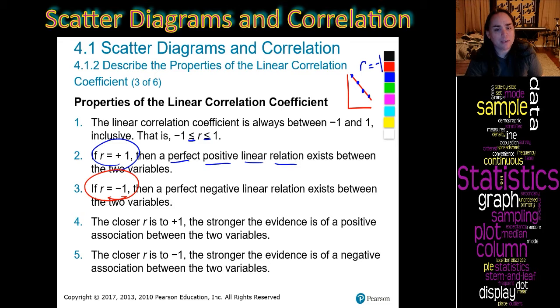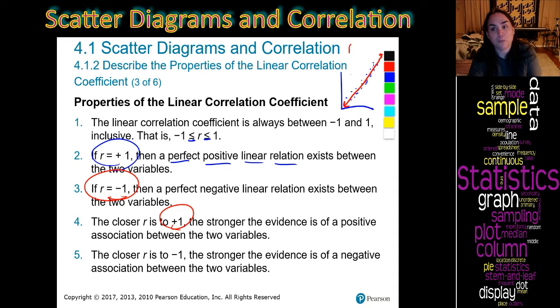If the line looks like it's going uphill, then r is going to be a positive number, but it's not necessarily going to be 1. So if you have points that look kind of like this, those points are clustered pretty well together. If I ask the computer program to give me a line of best fit and an r value, a correlation coefficient, it would probably be very close to 1.